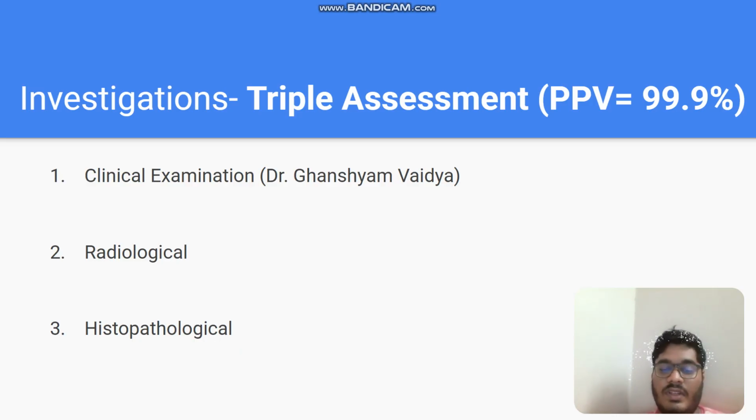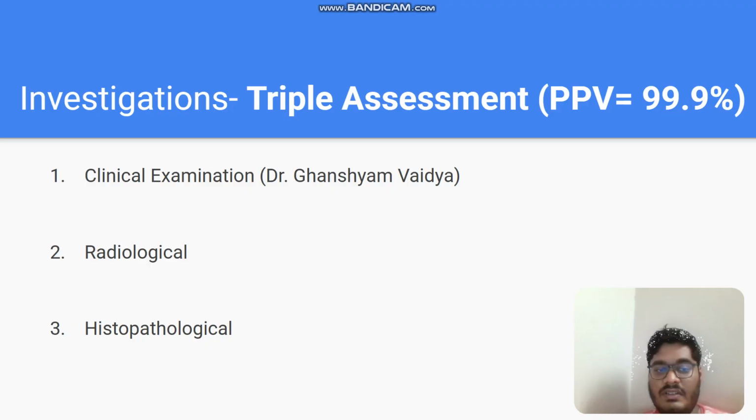Investigations. This topic is a very important topic both for your viva and for your theory examination. So the first thing that is to be noted here in case of breast is triple assessment. What is triple assessment?